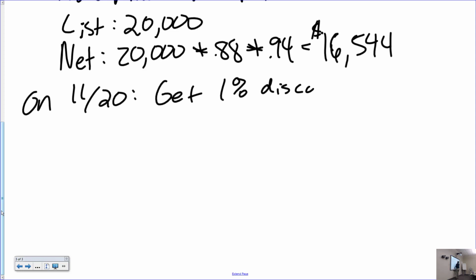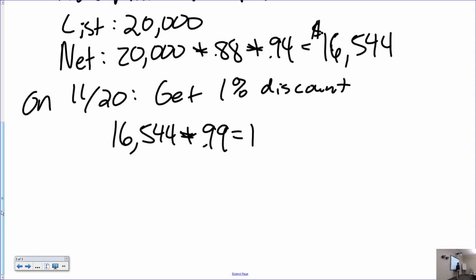So what is my final payment amount going to be? $16,378.56. And that's how bill payment works, folks. All right?